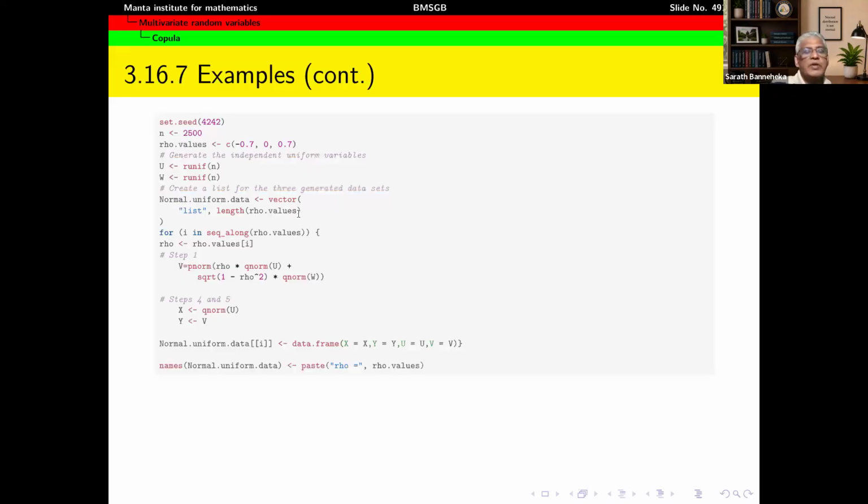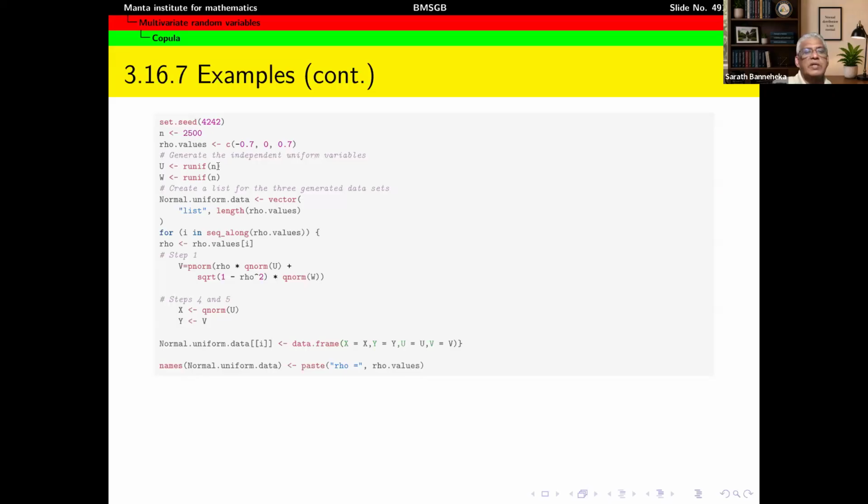So I have written down here some R code. I'm going to generate 2,500 values. Rho values are -0.7, 0, and +0.7. As I mentioned, I'm not going to calibrate them. I'm going to take all the 2,500 values at the same time instead of doing it 2,500 times, because in R we can work in a vectorized fashion, right?